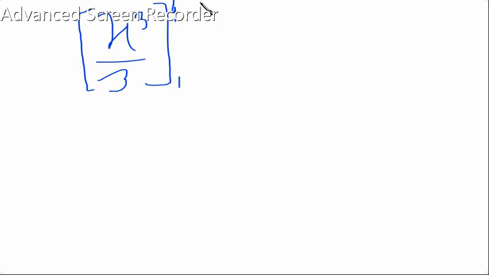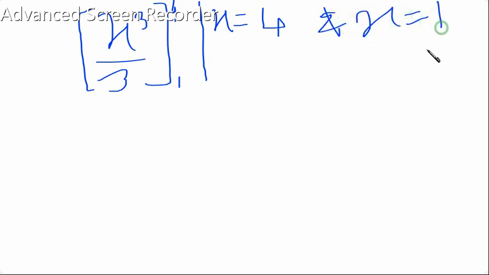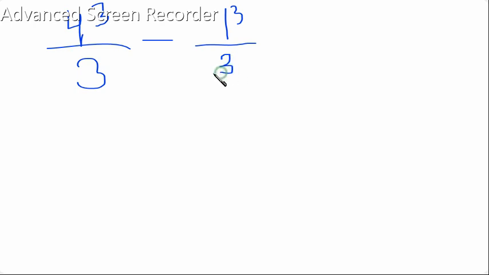If I substitute x equals 4 and x equals 1, I would get 4 cube divided by 3 minus 1 cube divided by 3.